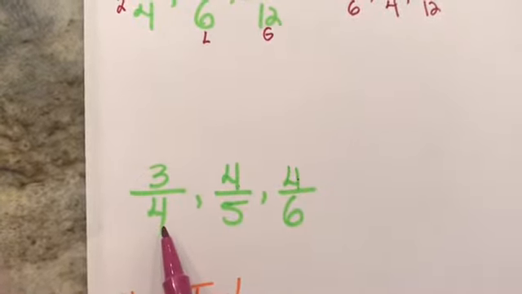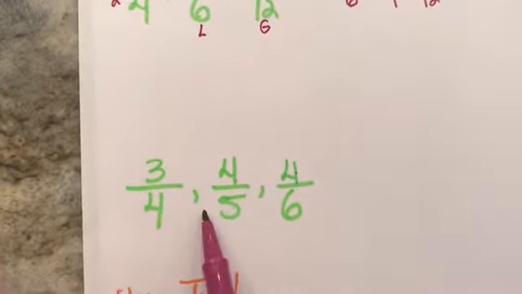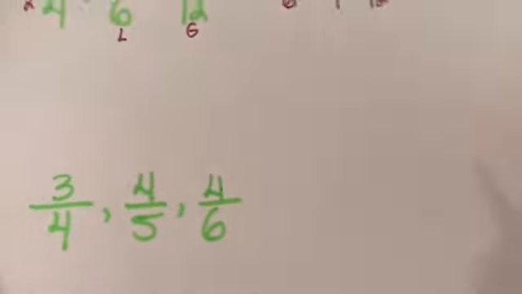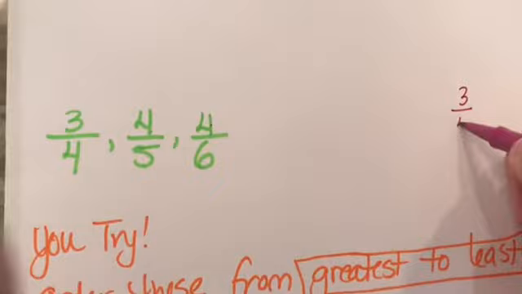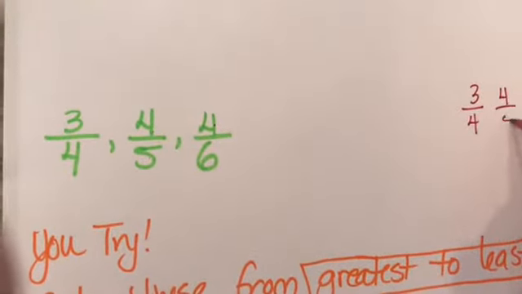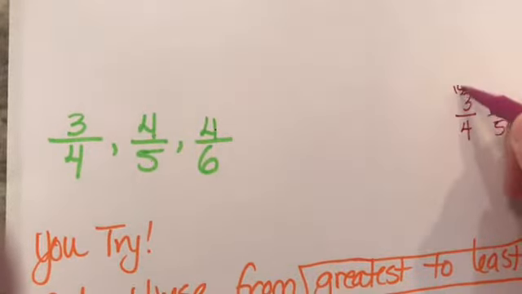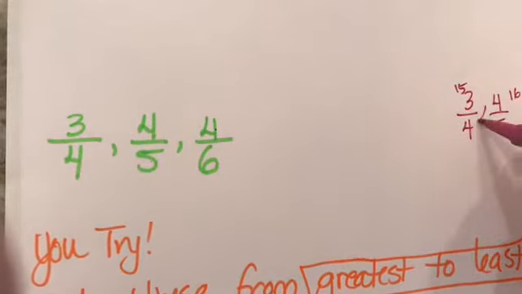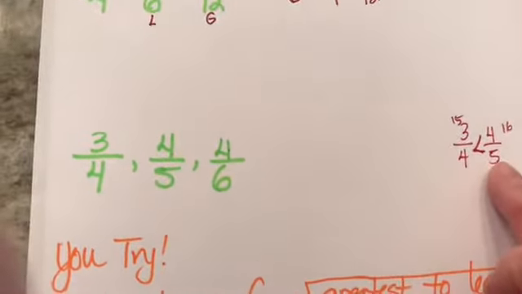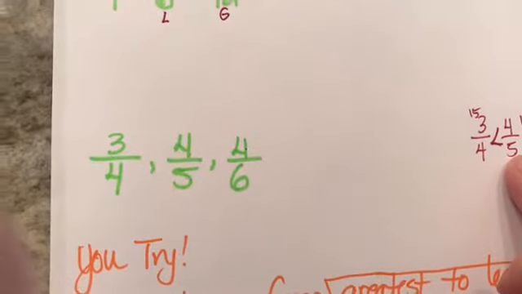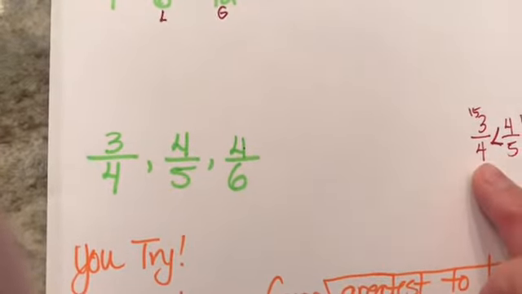So then I start thinking to myself, gosh, these ones are going to be really close, so I don't know. What you will do is then you just put those off to the side on your paper and you just butterfly them. And that's how you tell which one's close, which one's larger. So that, once I do that over to the side, now I know that 4/5 is going to be bigger than 3/4.